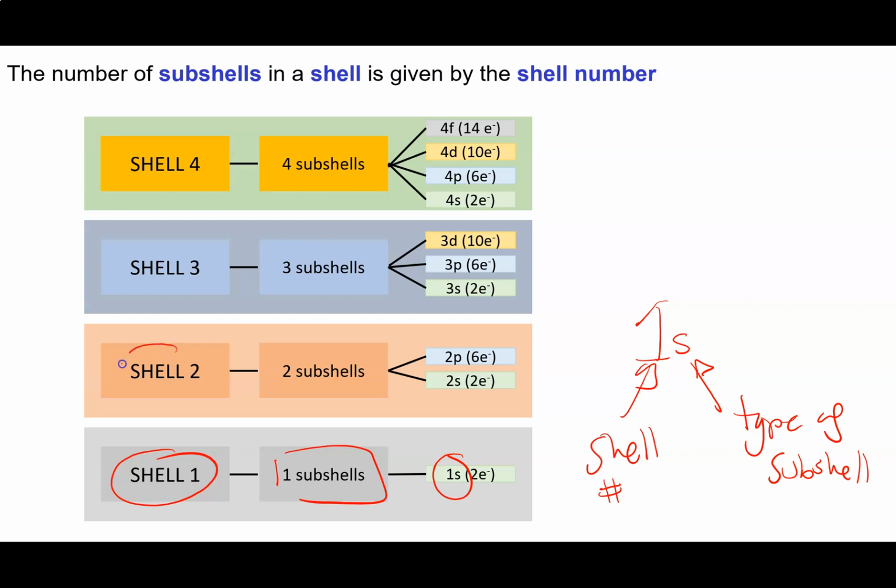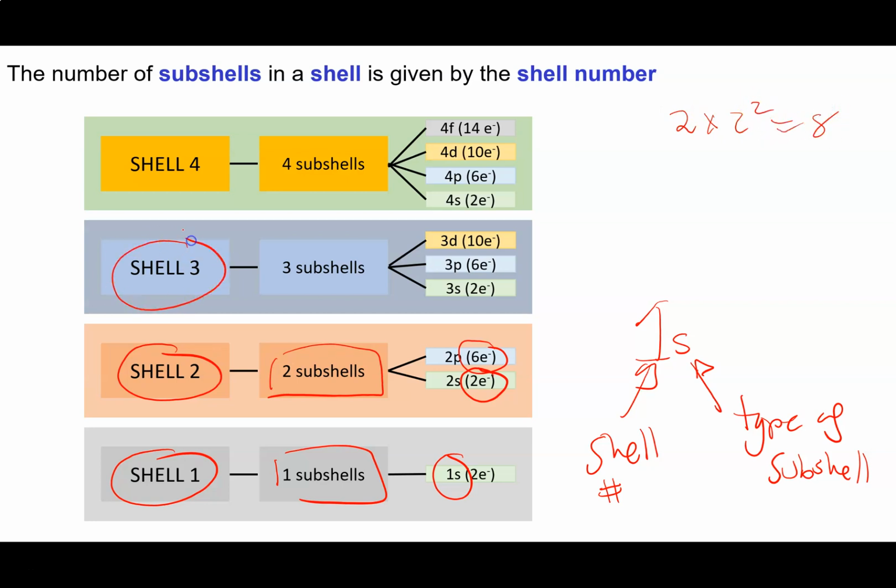Okay. When we go to the second shell, it can hold 8 electrons. It has 2 subshells. It has a P subshell that can hold 6 electrons and an S subshell that can hold 2 electrons. So you put that together, you get your 8 electrons. 2 times 2 squared equals 8.